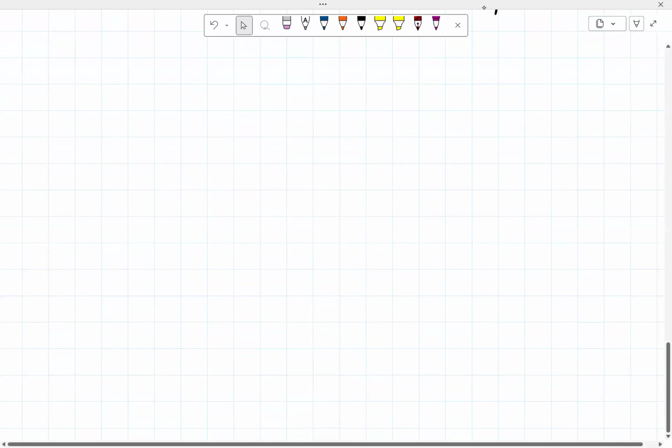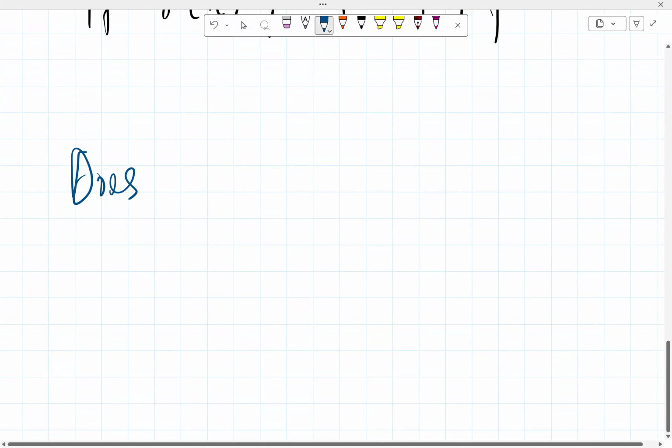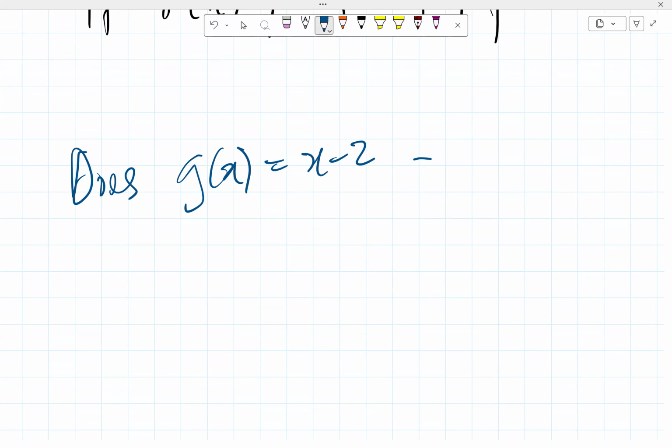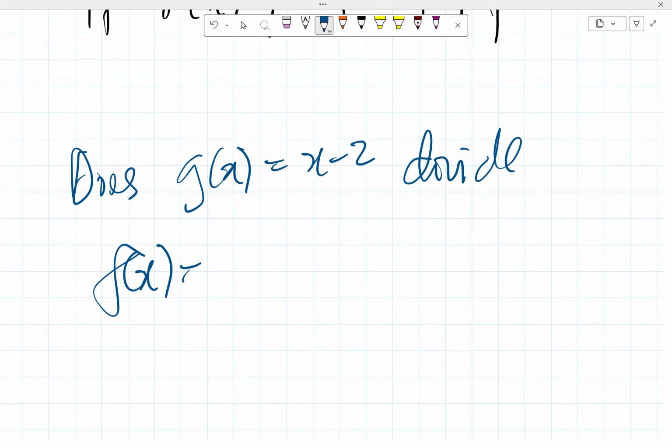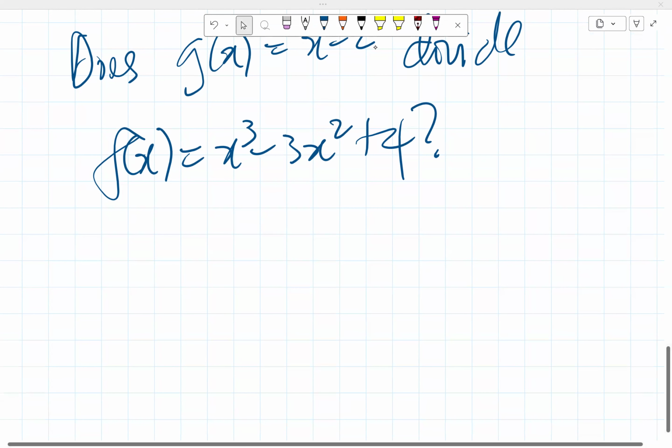Again, does g of x equal x minus 2 divide f of x, which is x cubed minus 3x squared plus 4? That's the question. To do that, we need to go through the steps.